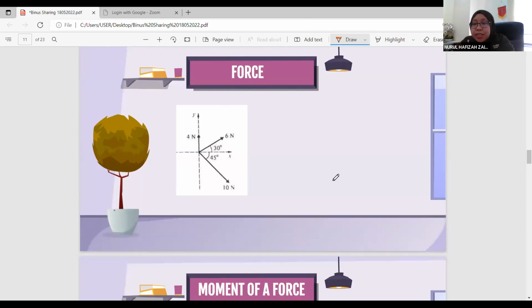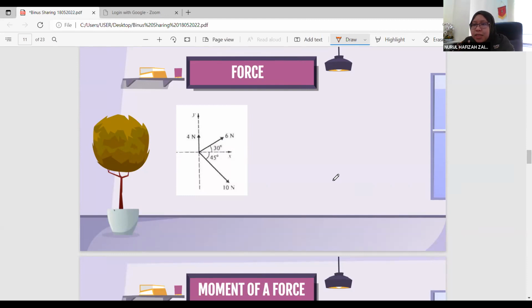In this Cartesian plane, you can see there are three vectors, but there is a unit which is N, referring to Newton. So this is an example of a force. When there is a movement, then there is energy. There is action, so there is a force, and the unit is Newton.